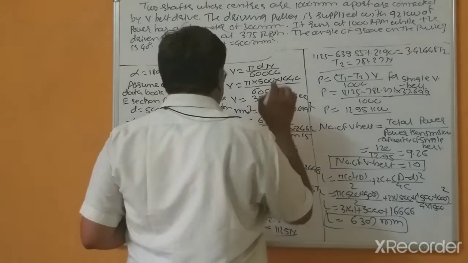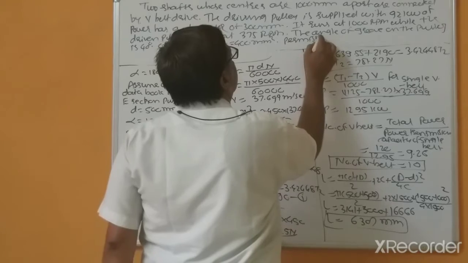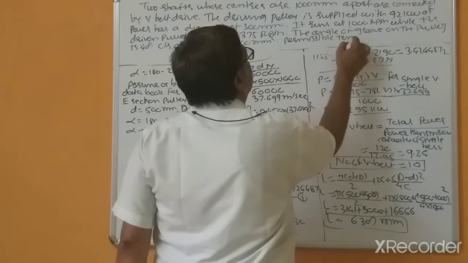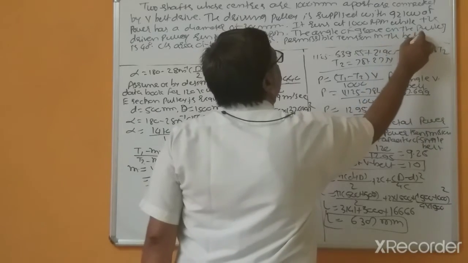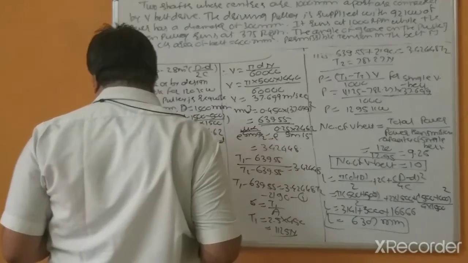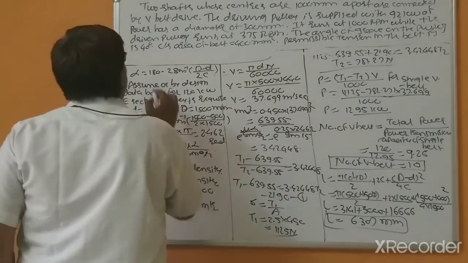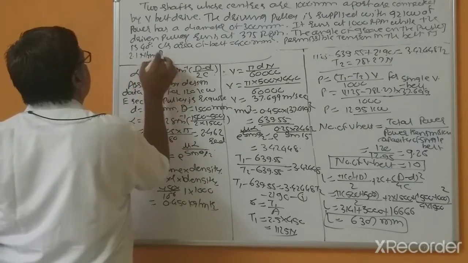Permissible tension in the belt is 2.1 Newton per mm square.